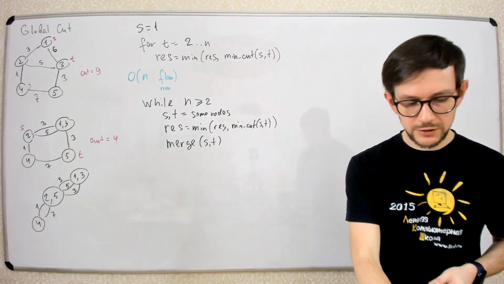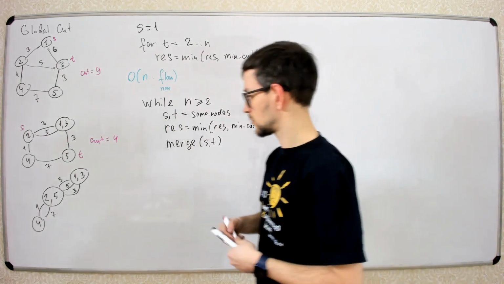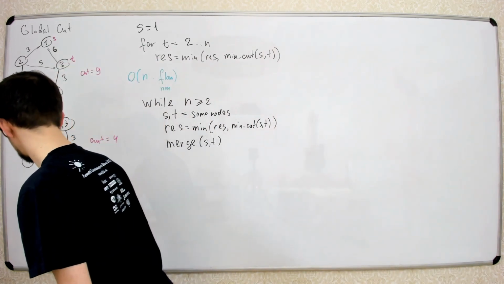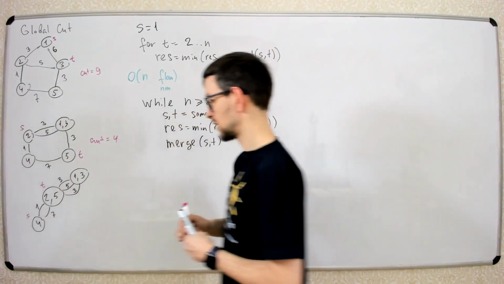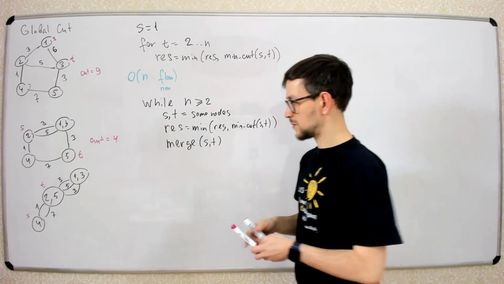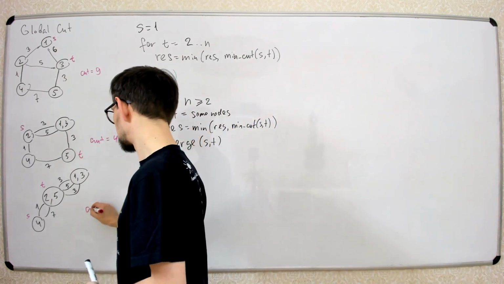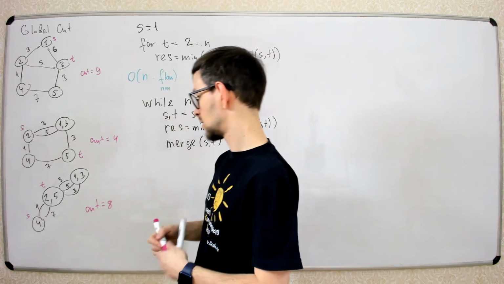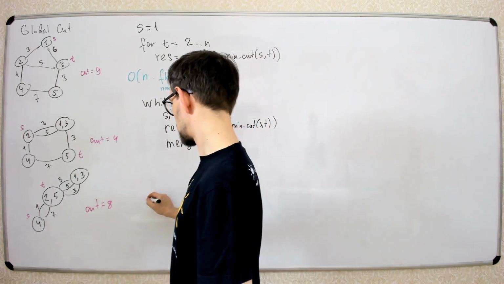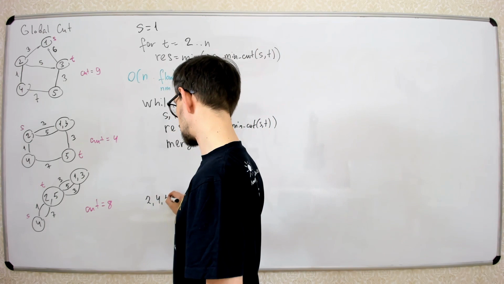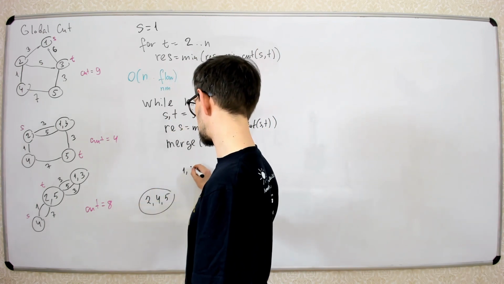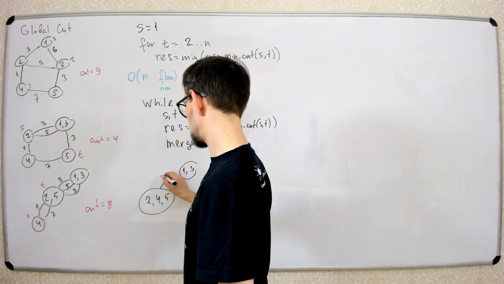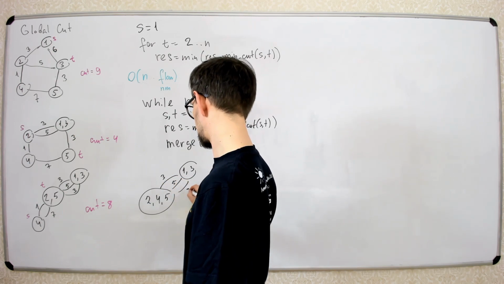And just continue until you have only a single node. So now you select S and T. Again, the minimal cut will be 8. And again, you merge them. You have 2, 4, and 5, and here you have 1 and 3, and many edges 3, 5, and 3.